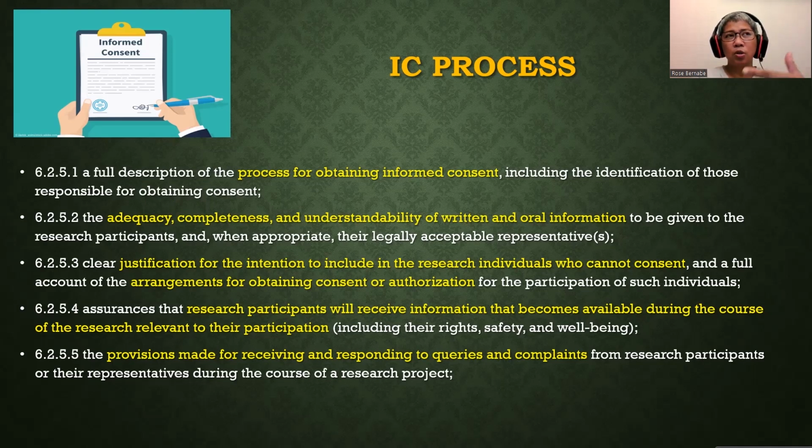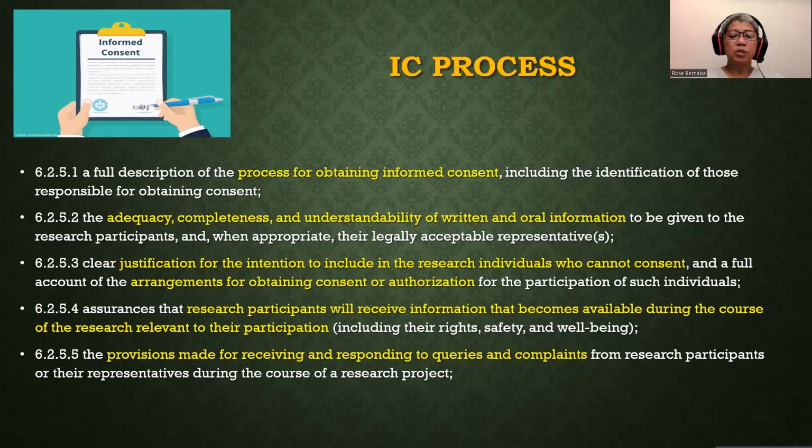Can the information or the data or the knowledge not be obtained from individuals who are capable of gaining consent? And if it's truly justified that individuals who are incapable of consent are included in a study, what are the arrangements for obtaining their consent or authorization? There would probably be the need, for example, for a legally acceptable representative, right? So there must be arrangements for not only consent but also assent.